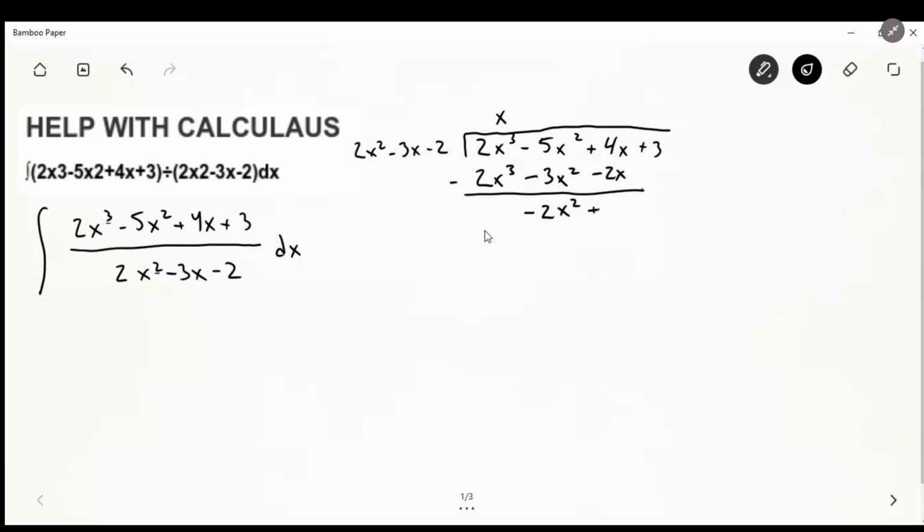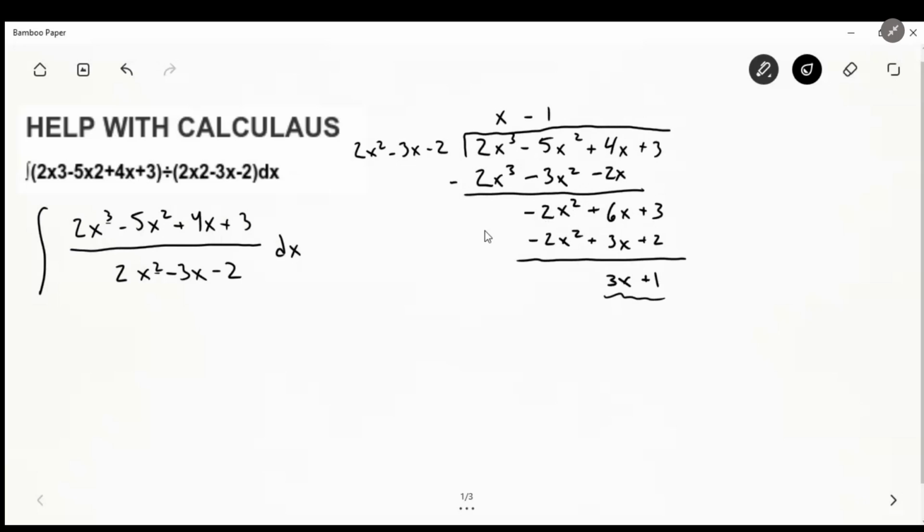And there's lots of room to get stuff wrong in this problem, which makes it even more tricky. So now let's look at negative 2x squared. Well, what goes into that with 2x squared? That's just a minus 1. And now we are done with our division, but we're left with this remainder, which isn't so pleasant.